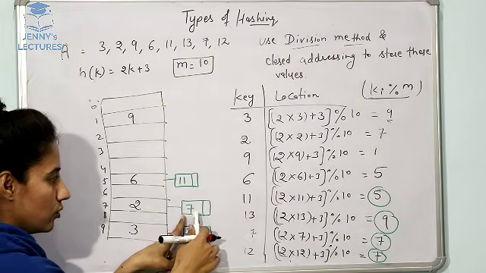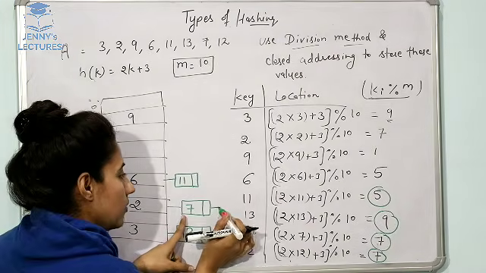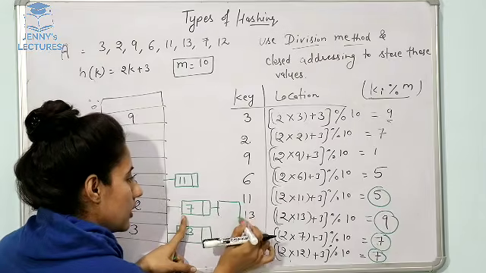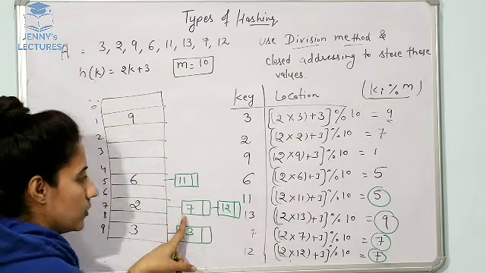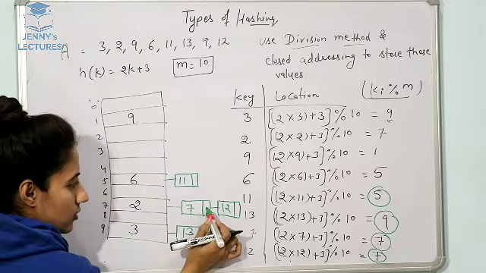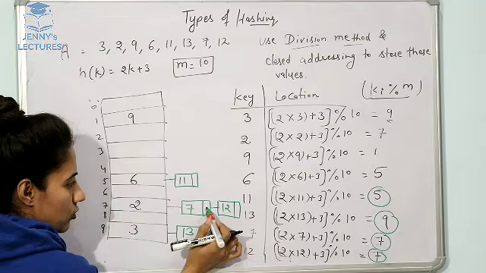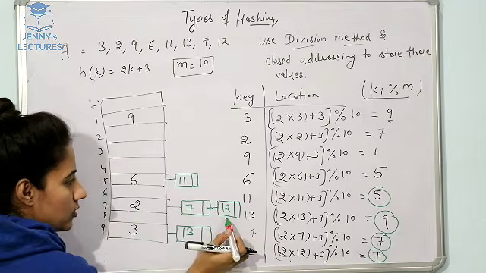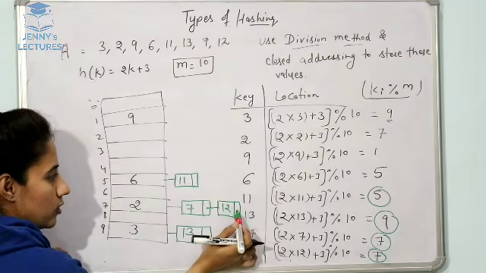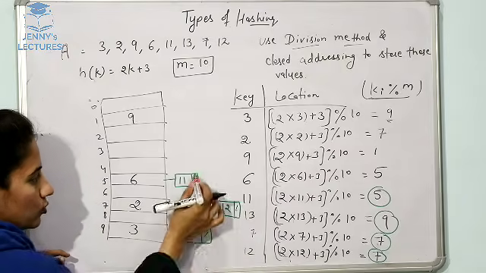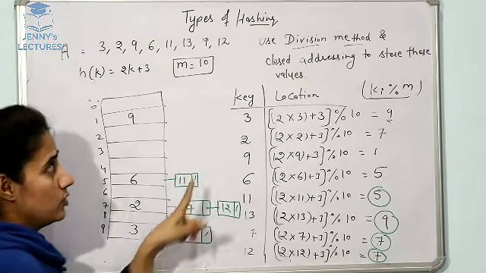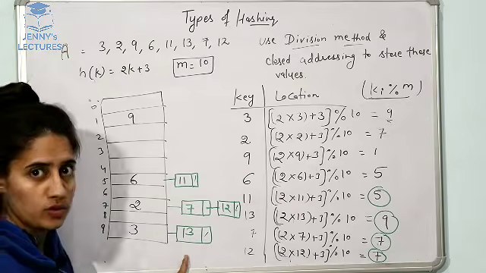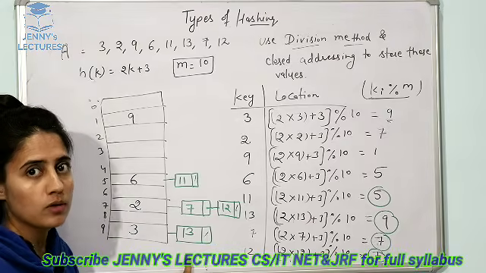Here also you cannot store. Now again one node would be created, and 12 would be stored at this place. This pointer will contain the address of this node, and this pointer would contain null. This is also null, this is also null. So this is the chaining method, how it can be used to resolve the collision.